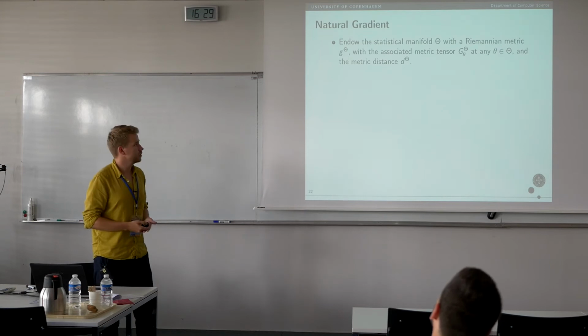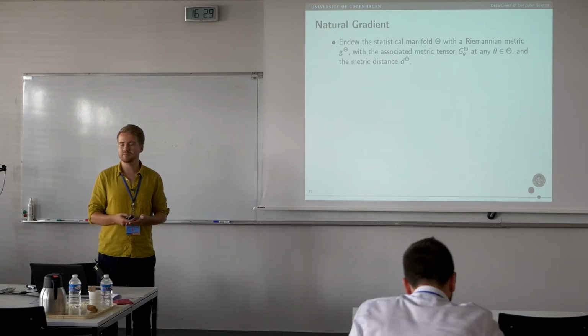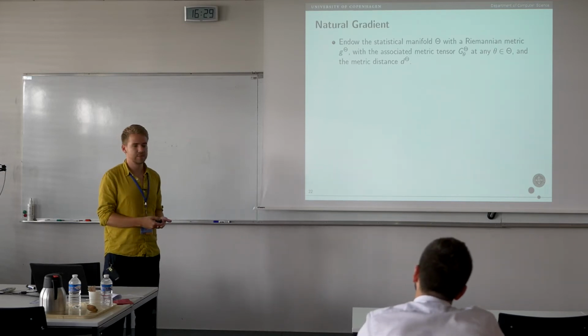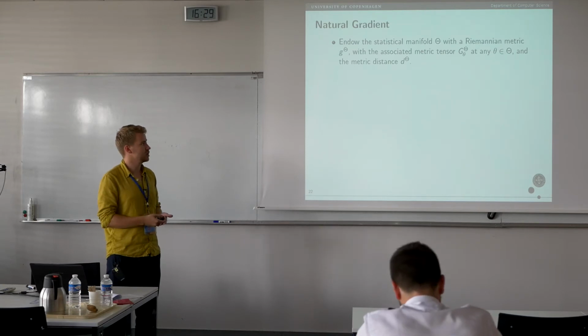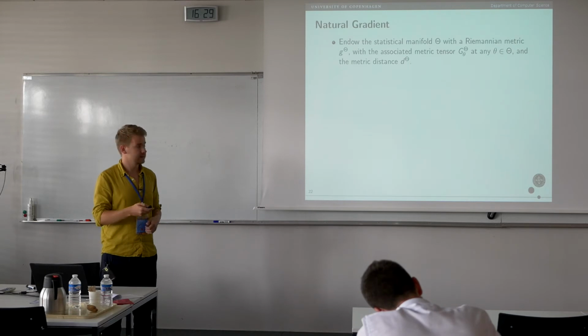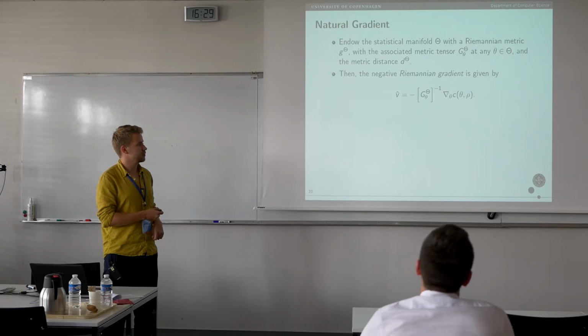So what we want to do is give the parameter space theta a Riemannian metric, g theta, where we denote the metric tensor as capital G, and the distance we denote by d theta. Then at any point, the Riemannian gradient is given by this expression.